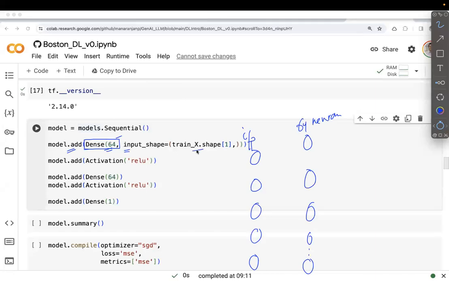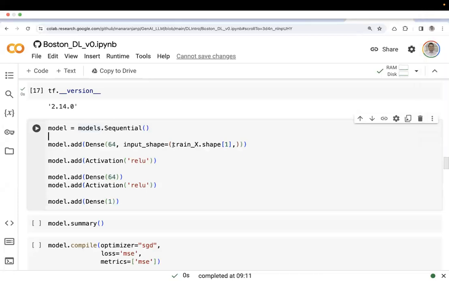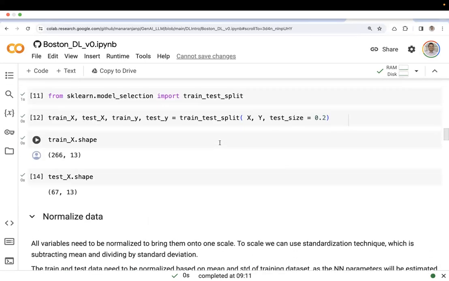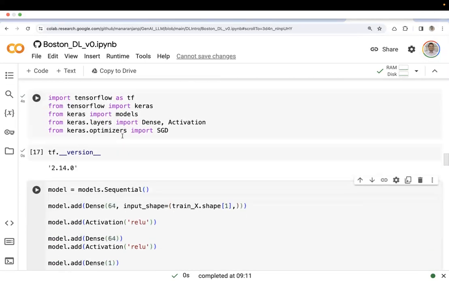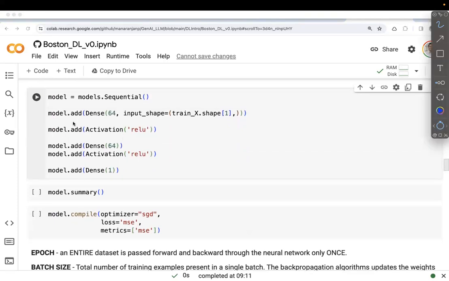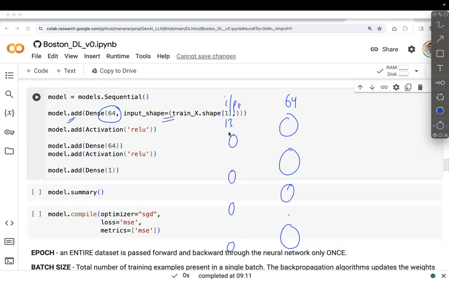Here I have specified the number of inputs, which is train X shape 1, and that is basically 13. It says there are 13 input neurons. You have to specify that for the first hidden layer always, because it does not know how many inputs it will receive. So we are saying there will be a hidden layer of 64 neurons, and it is going to receive the data from the 13 input neurons.